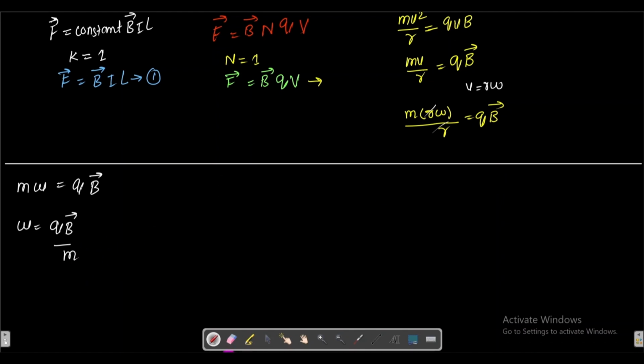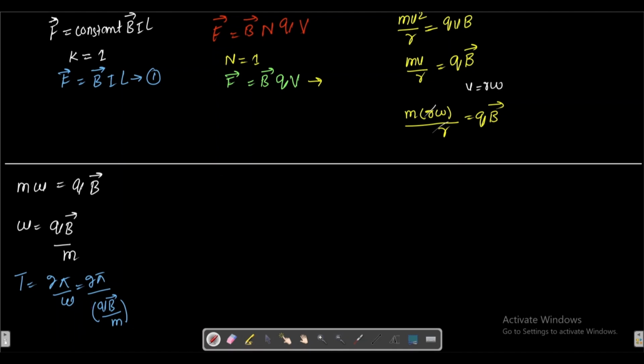The time period for that angular motion is given by T is equal to 2 pi by omega, and the value of omega is q b divided by m.